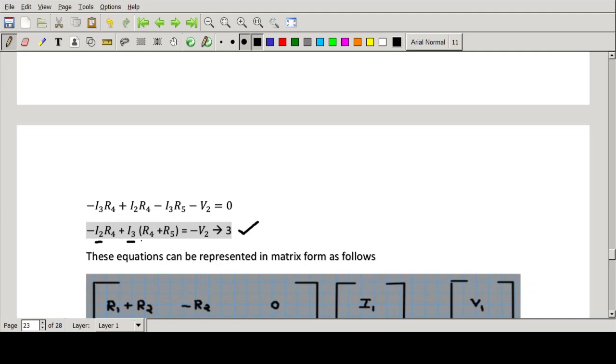And this can be expressed in matrix form, that is R into I is equal to V. Using this general form, we can express these three equations in a matrix. So this is what is shown here.